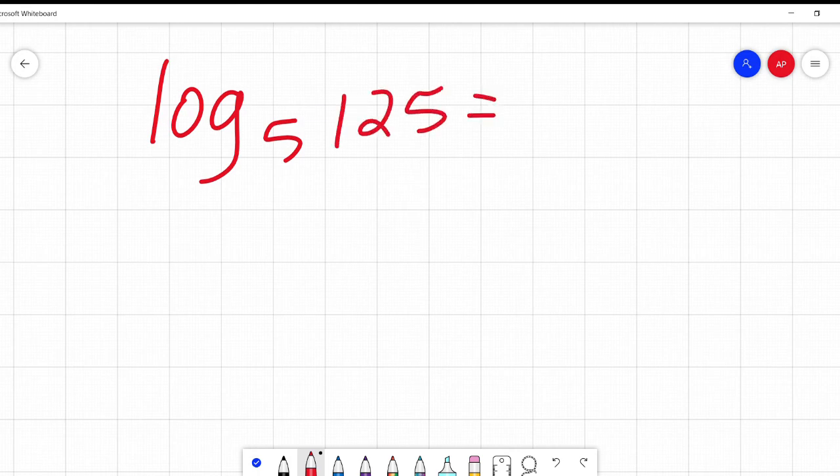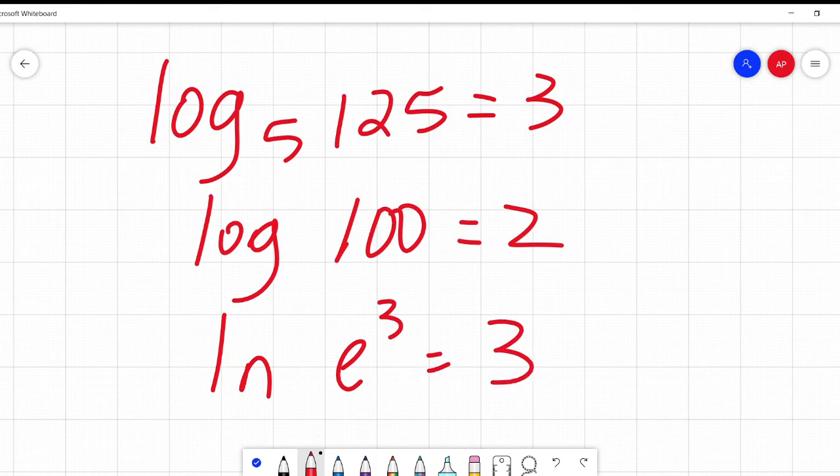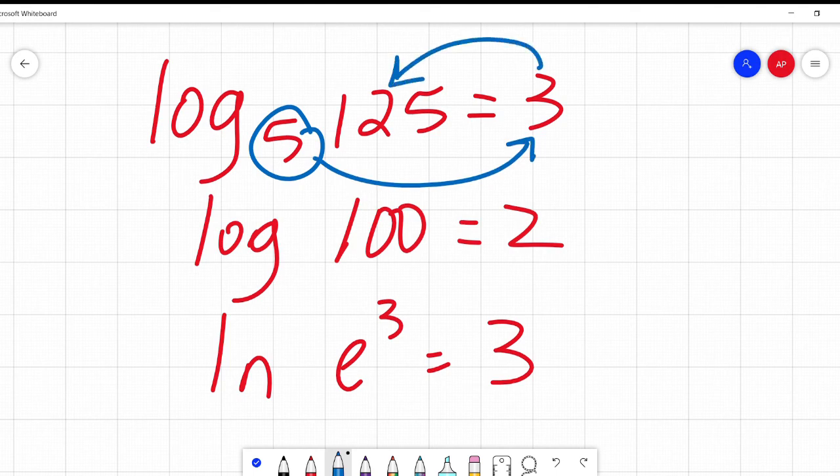Okay, so just as a very quick little reminder, this is what a log is. These are our 3 main logs, and each one we're saying the base to what power equals this number. 5 to the power of 3 equals 125.